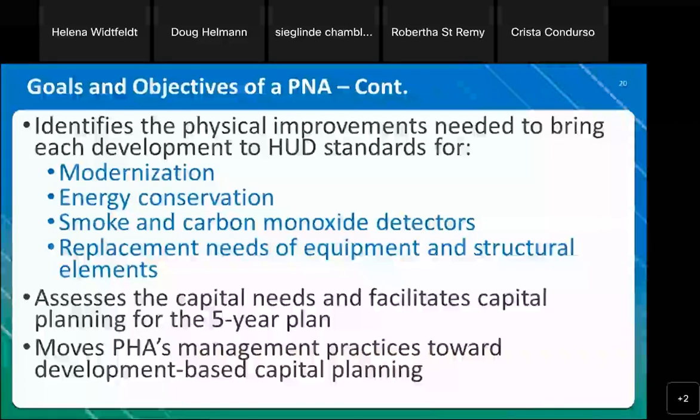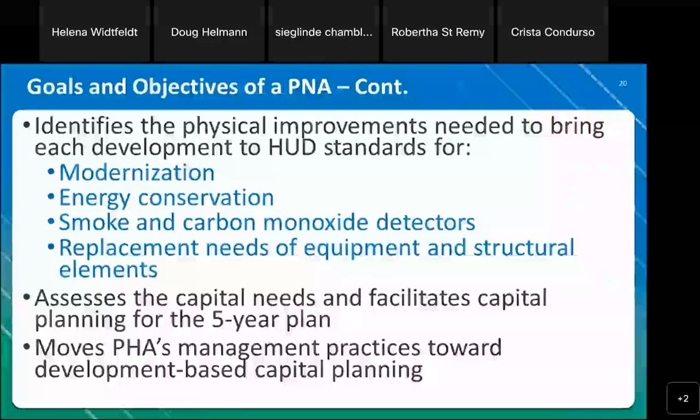The physical needs assessment for capital needs also helps you improve what you may need to plan for and project in your 5-year plan, when you still have public housing units available and you have your capital fund resources allocated to you on an annual basis, although they may go down as you dispose, demolish, and convert through RAD.